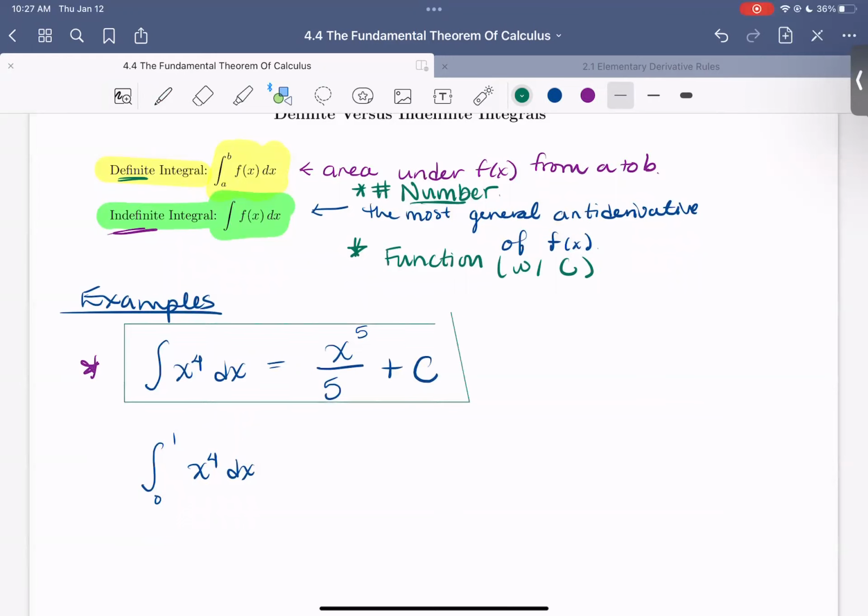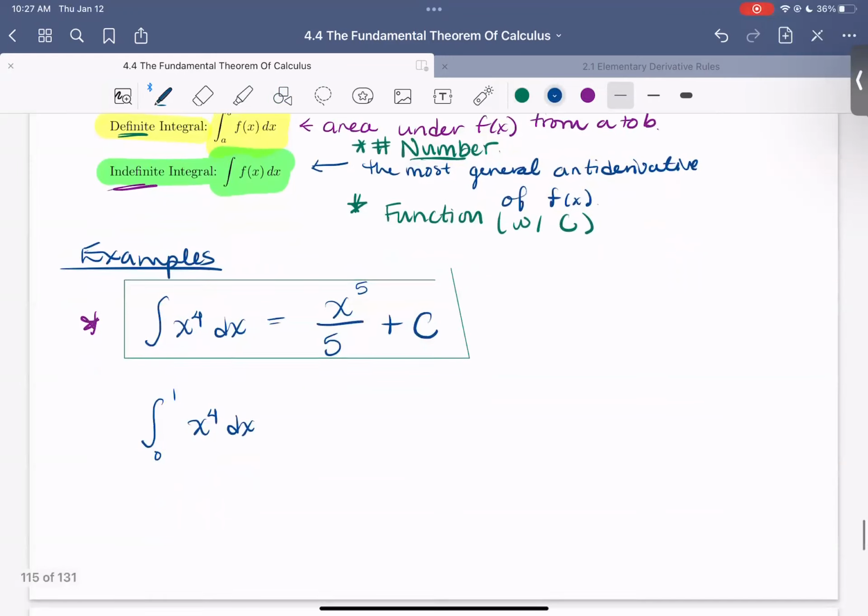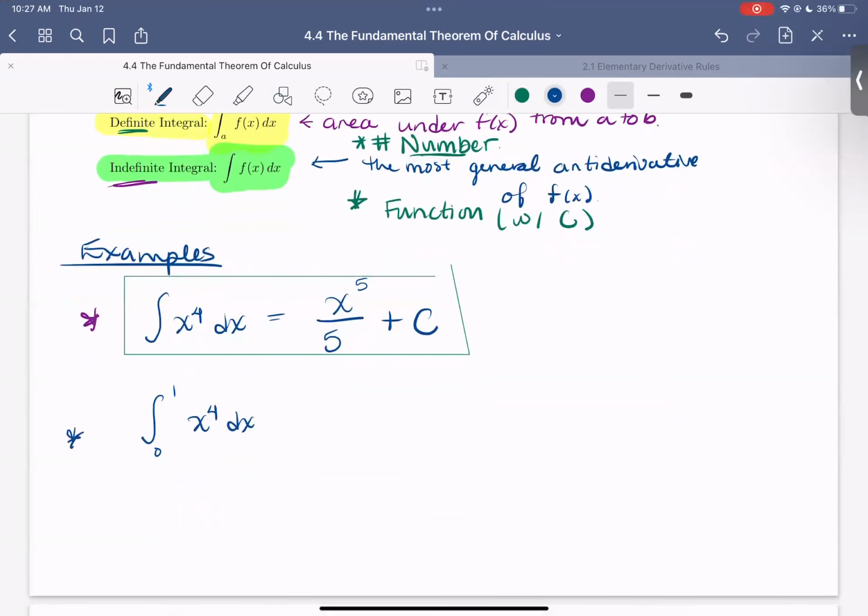All right, so how does that compare then to the integral from 0 to 1 of x to the fourth? Well, this definite integral is going to be a number. And yes, we want to use this antiderivative to help us compute that number. But how do we use it? We're going to write out that antiderivative, but now we need to evaluate it at 0 and 1 and take the difference.